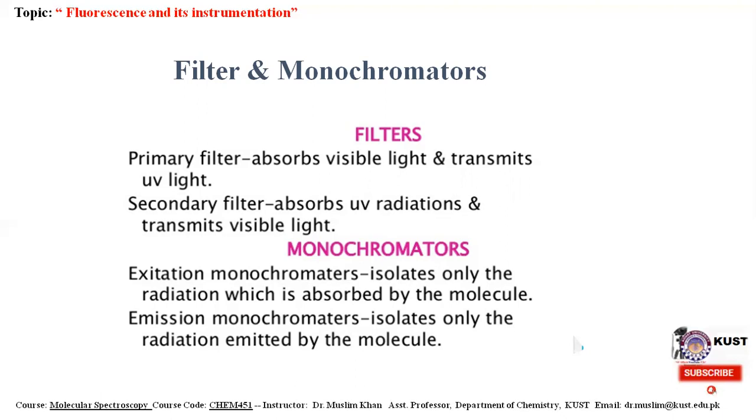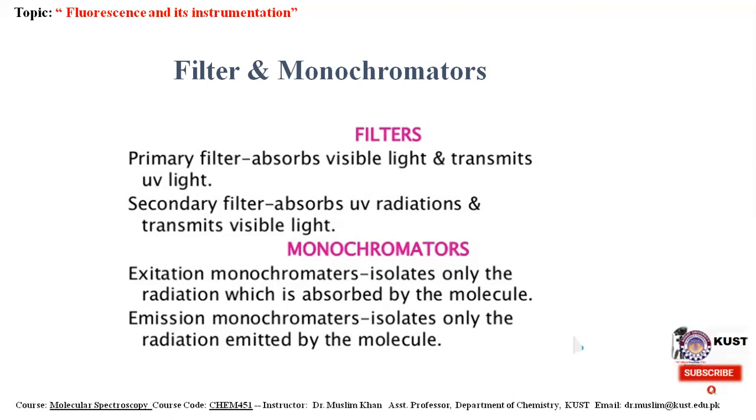The de-excitation wavelength selector selects the wavelength of the radiation that is emitted during the de-excitation process. The wavelength selector may be a monochromator or a filter. In a spectrofluorometer a monochromator is used, while in a fluorometer filters are used.